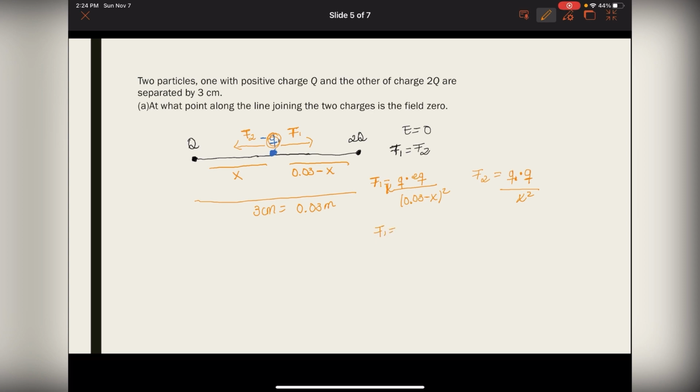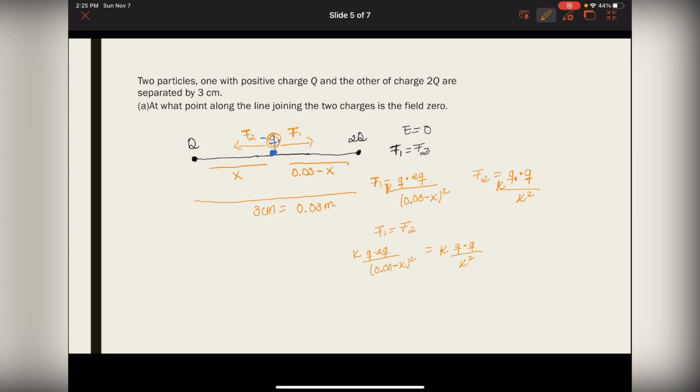Now we set these equal to each other. F1 equals F2. I was forgetting the K constant over there. So K times 2Q all over 0.03 minus x squared equals K Q times Q over x squared.